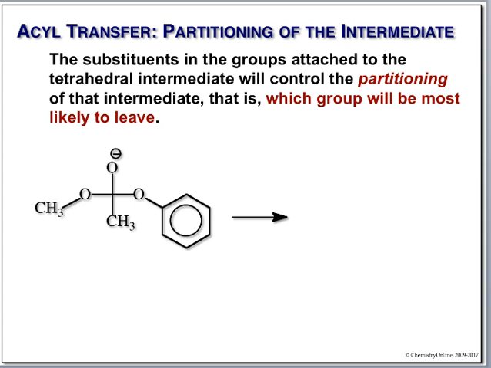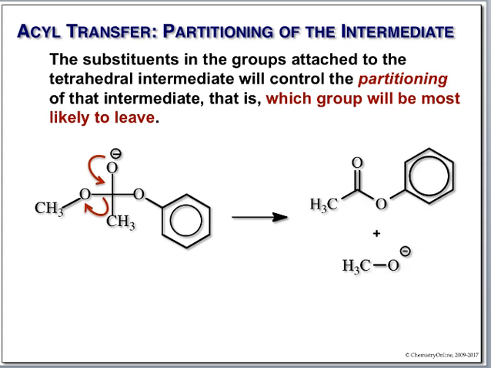But we could lose the methoxy group, and we could form the phenyl ester. That's one possibility, right? So methoxide leaves as methoxide, and we have a carbonyl here and an ester of phenol.